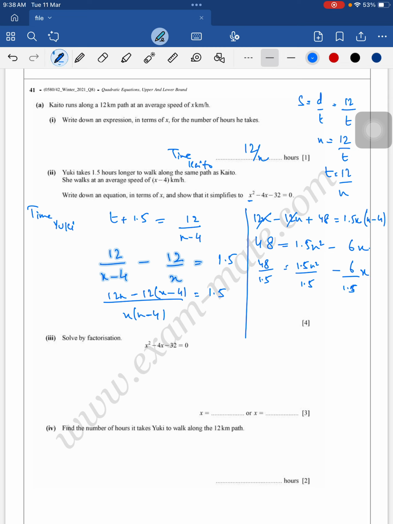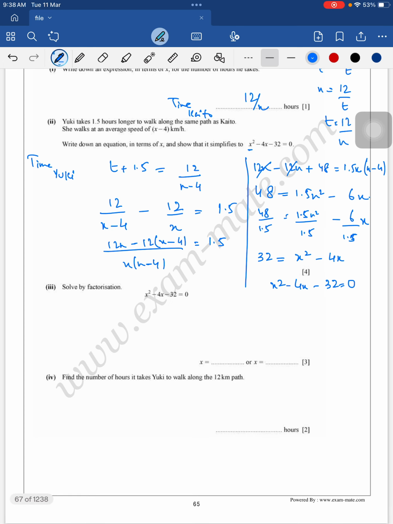So this will be 32, this will be x square, and this will be 4x. So x square minus 4x minus 32 is equal to 0.